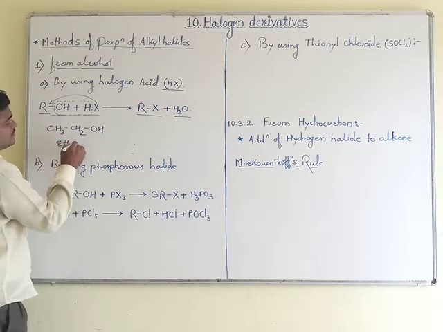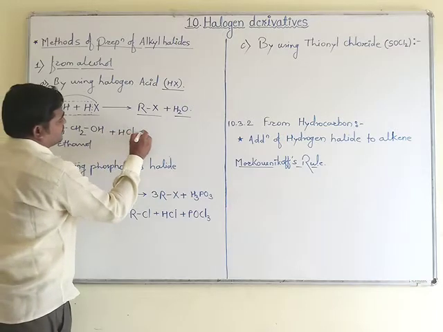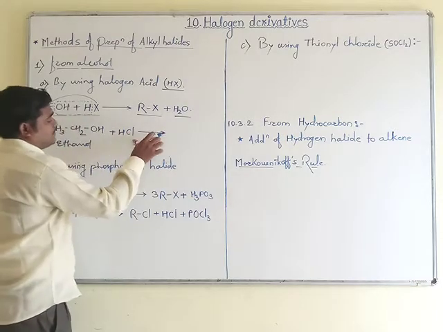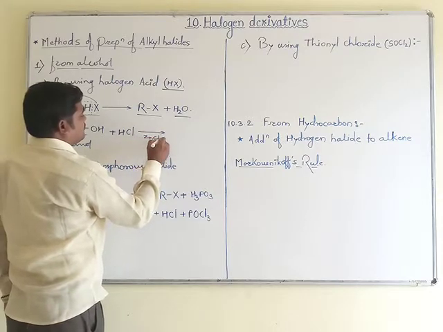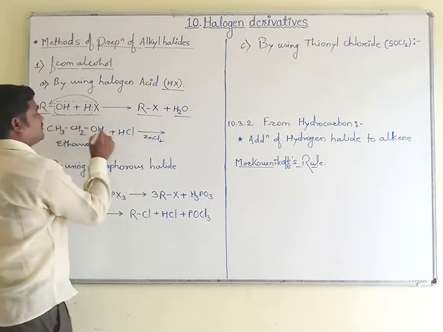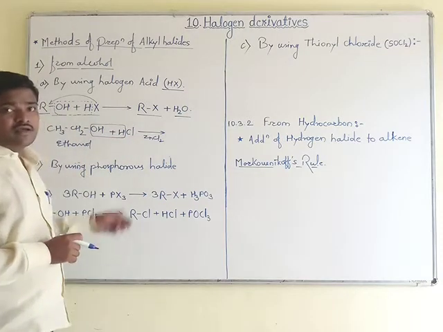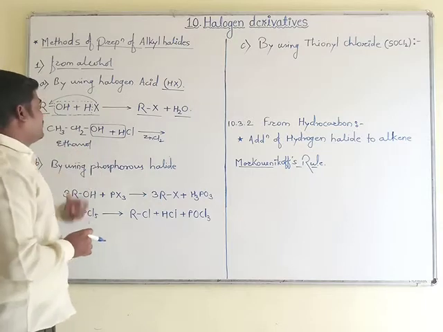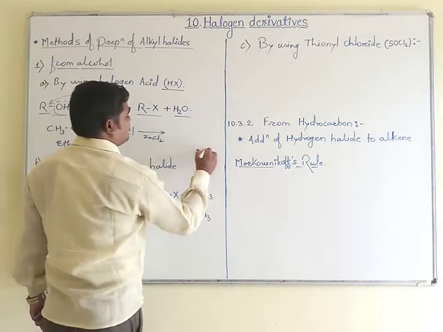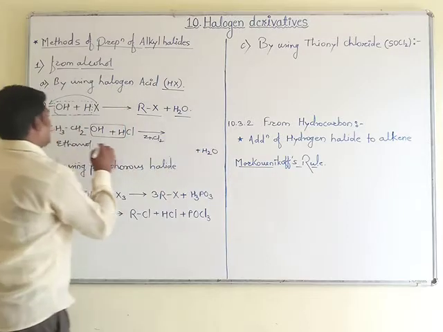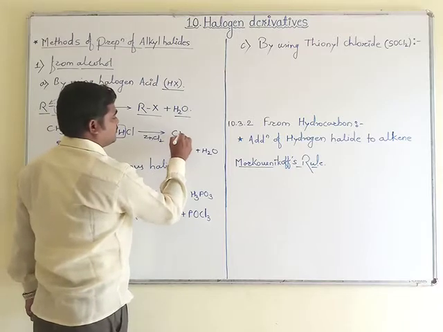Ethanol on reaction with HCl in the presence of ZnCl2, as in the previous general reaction I have stated, H and OH will be lost in this reaction so as to form a side product H2O, and CH3CH2Cl will form as the main product.